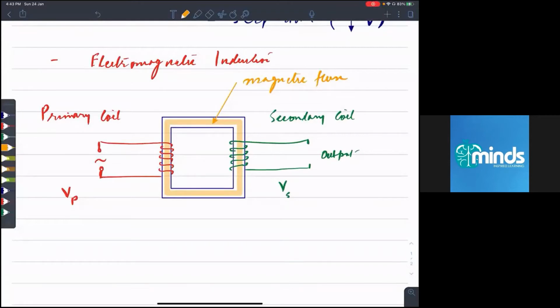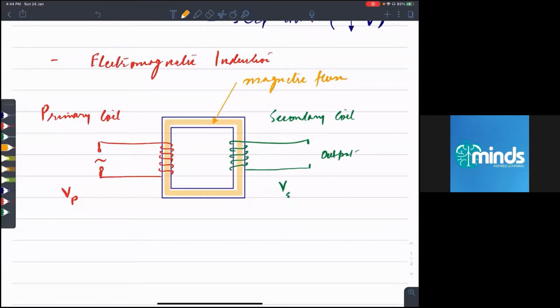Sir, variable. And why? Because of alternating current, one cycle will be in one direction and the other cycle in the opposite direction. Okay, anyone else who wants to make this answer a little better? See, why should this flux be variable?